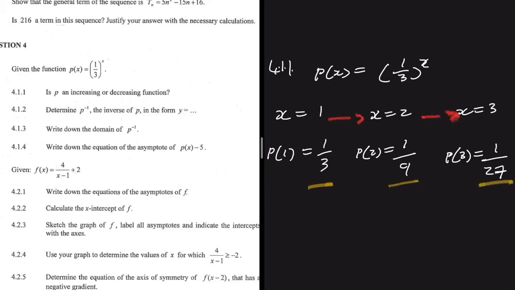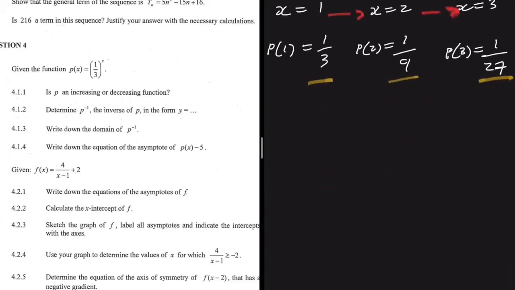Now it's actually easy to see that when the values of x are increasing, the values of y are decreasing, right? When x is equal to 1, we have 1 divided by 3. When x is equal to 2, we have 1 divided by 9. And when x is equal to 3, we have 1 divided by 27. We can see from that test that our function is decreasing, right? As the values of x increase, the values of y decrease.